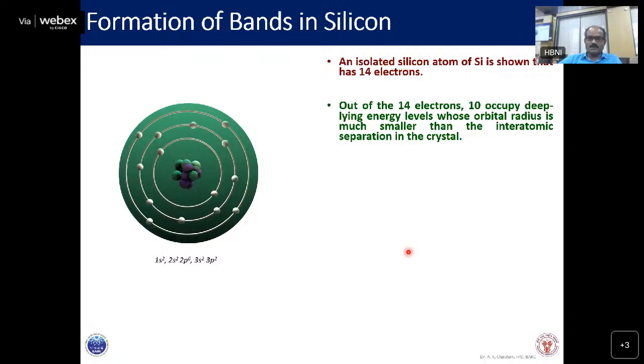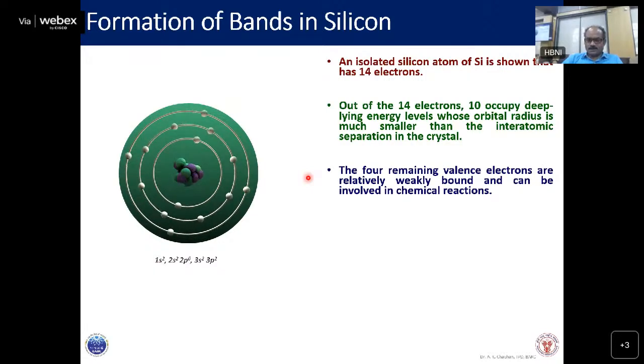Out of these 14 electrons, 10 electrons occupy the inner levels, whose orbital radius is much smaller than the interatomic separation in the crystal, which in the case of silicon is around 5.43 angstrom. Only 4 electrons remain in the outer orbitals; these are relatively weakly bound and can be involved in chemical reactions.